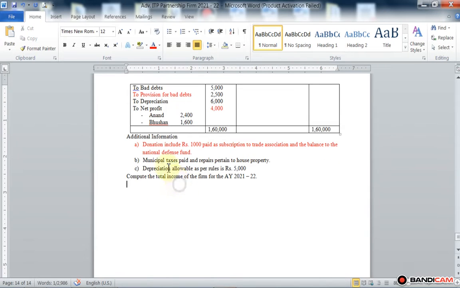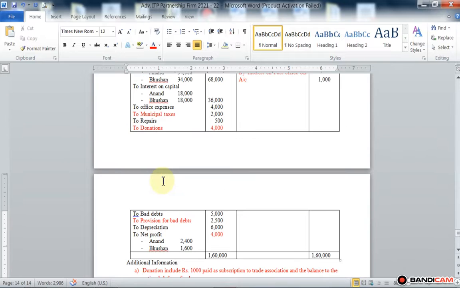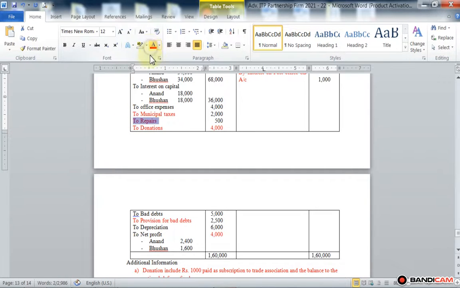Then next, municipal tax paid and repairs pertain to house property. So here municipal tax, we already identified, is relating to the house property. It is an expenditure relating to the house property, so it is disallowed. As well as in adjustment number two, the repair expenses are also relating to the house property, so they are also disallowed.